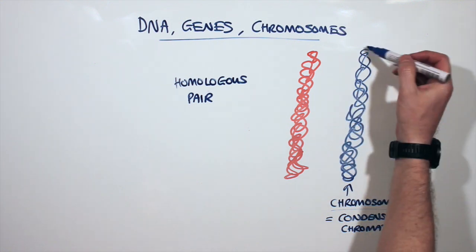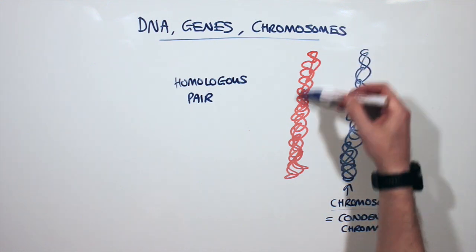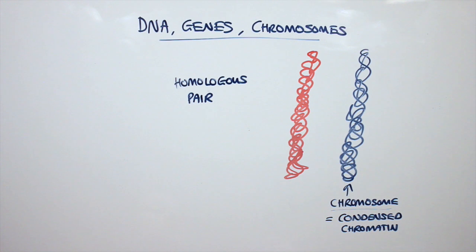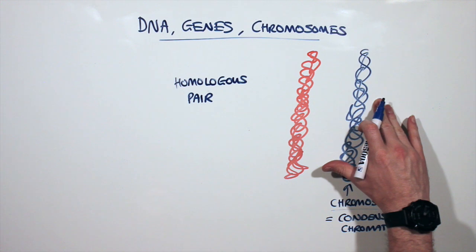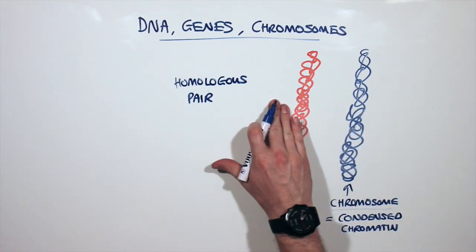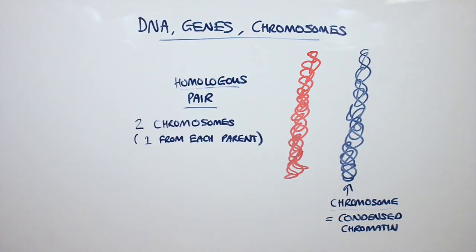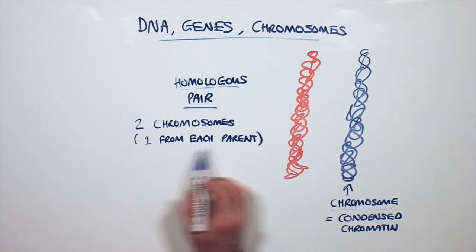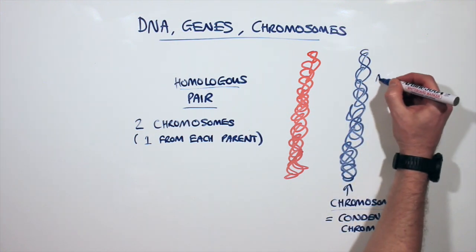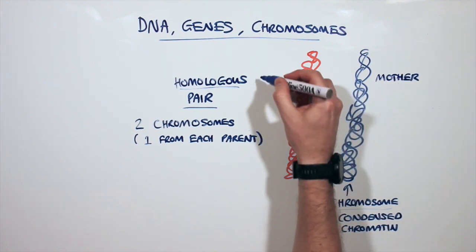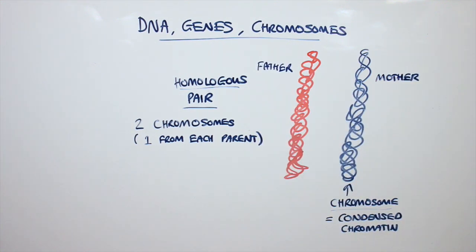So why do we have two chromosomes for the same traits? Well, the reason for that is that each of these chromosomes has come from a different parent. Let's say this chromosome has come from the mother and this chromosome has come from the father. So there are two chromosomes, one from each parent. In this case we've said this one was from the mother and this one was from the father.